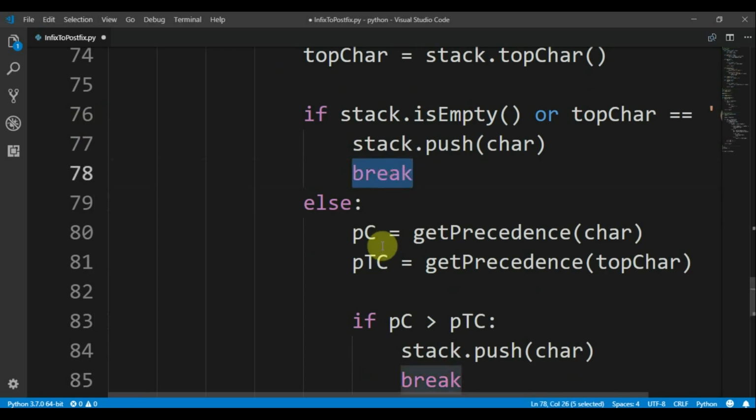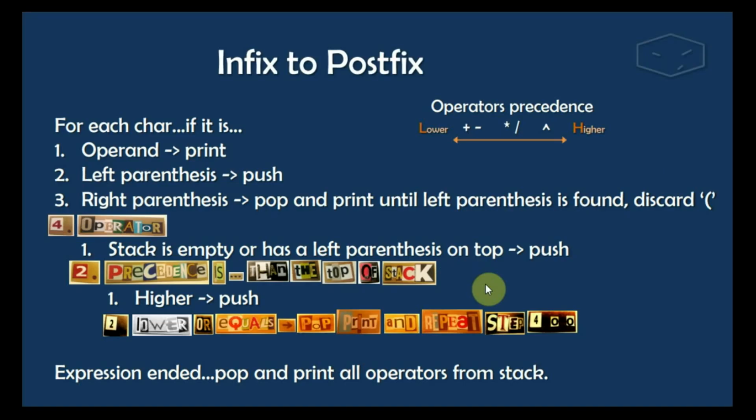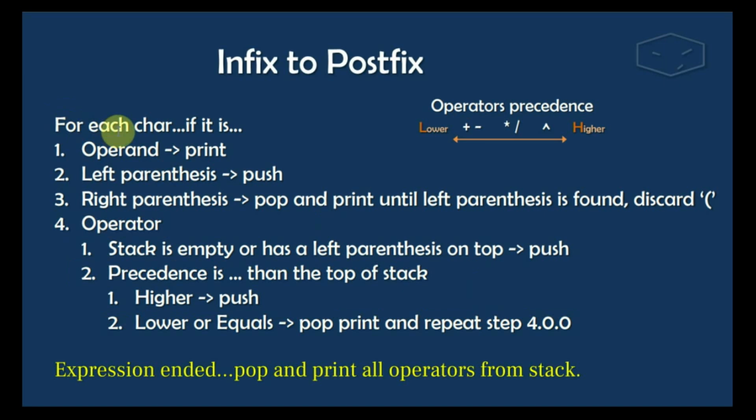Okay, the next step is, because we ended the evaluation of the expression and reached all the chars, now we have to go to the stack, and if the stack is not empty, we must pop and print all the operators from the stack.